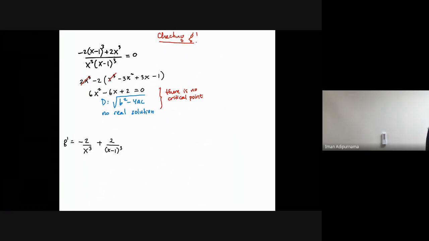So let's check the asymptote. Imagine at 0 and 1 you have a vertical line, right? But your curve is defined below 0, in between 0 and 1, and after 1, right? So you can check whether the function is increasing or decreasing by putting some numbers around 0 and 1.